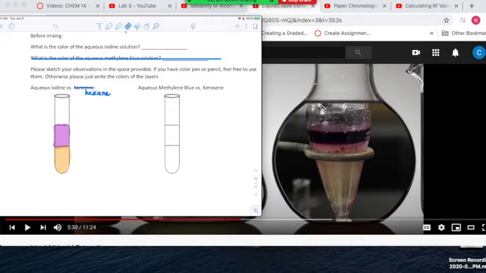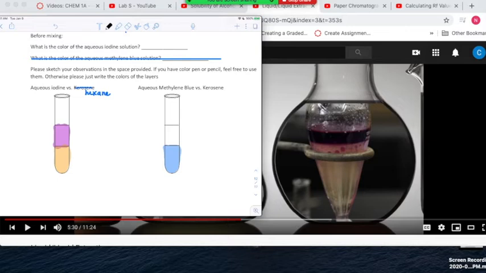So methylene blue is a polar molecule, and it does stay down in the aqueous layer. What it would look like, and you're not required to do this, is we have that blue down at the bottom, and even after we shake, shake, shake, it stays down at the bottom. Because it is polar, it has no attraction whatsoever to the organic layer.